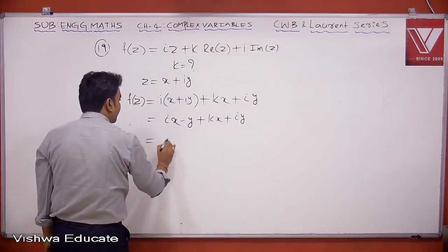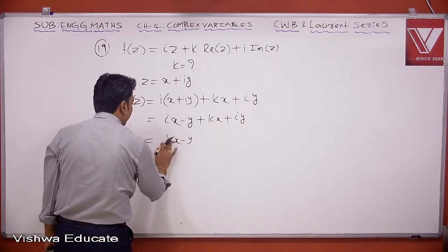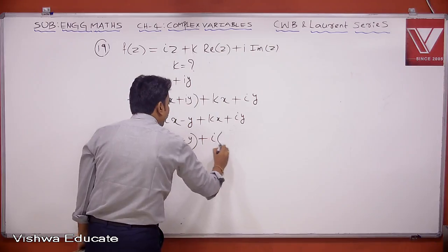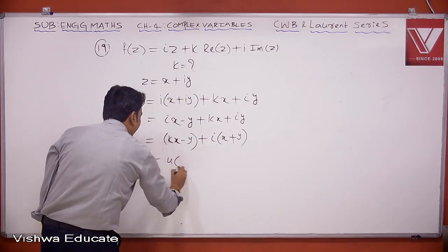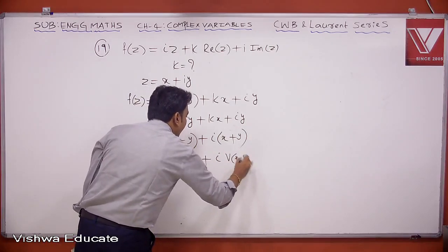So therefore this is kx minus y plus i into x plus y. Now this is in the form u of x comma y plus i into v of x comma y.